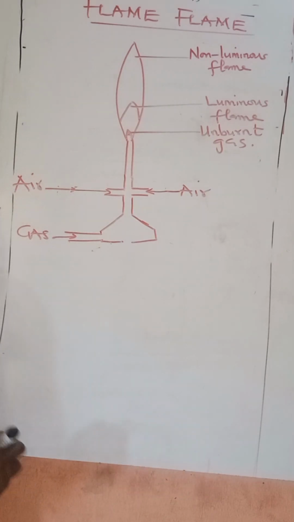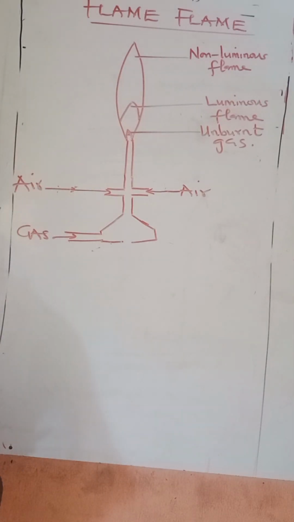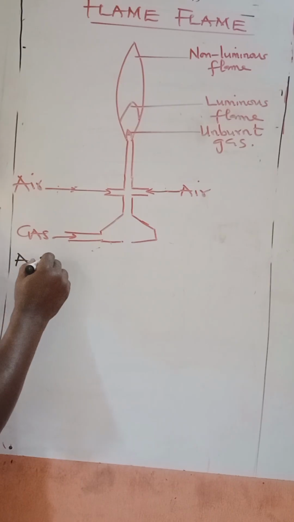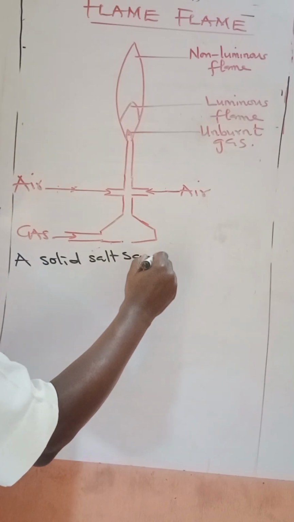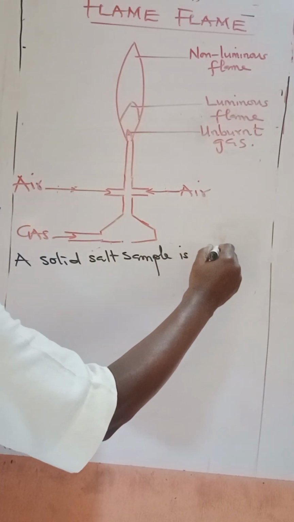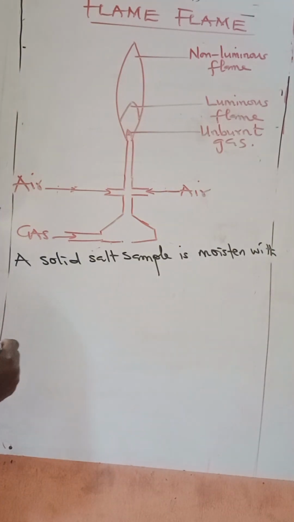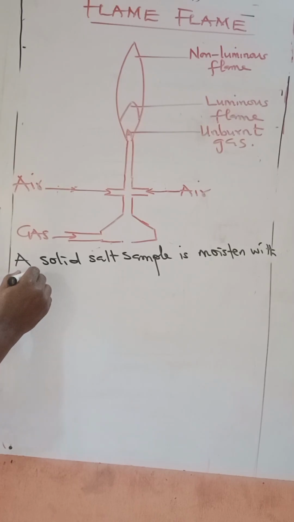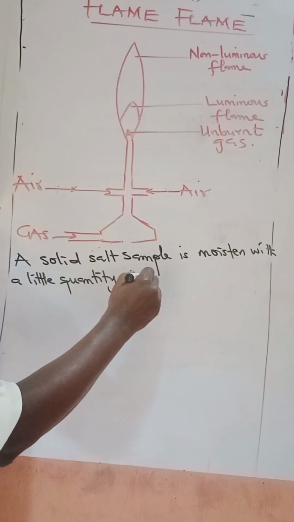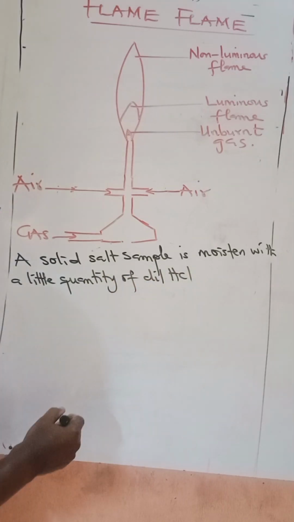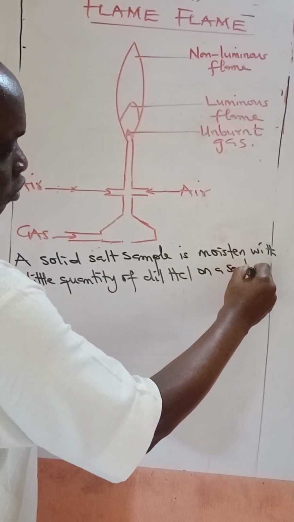After the diagram, how do we use it? How do we carry out the flame test on cations? A solid salt sample, a given salt sample, is moistened with a little quantity of dilute HCl on a spatula.